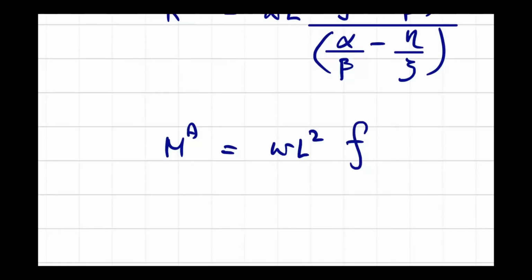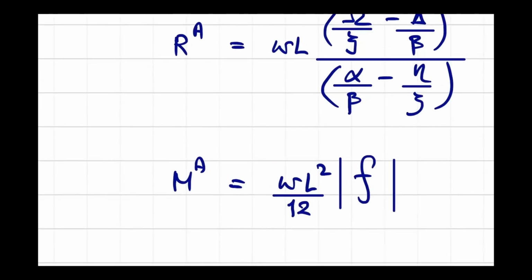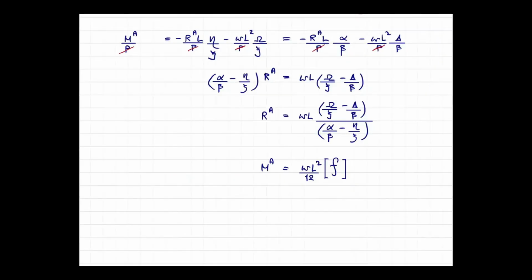We instead write this function in this term. So you pull out the 12 from that function. Okay, pull out the denominator 12.